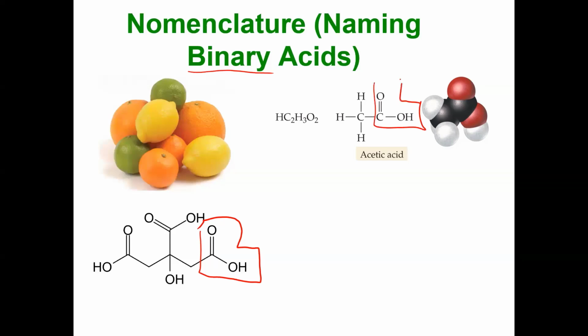This group, where you have a carbon double bonded to an oxygen and then to another oxygen with a hydrogen bound to that, is referred to as a carboxylic acid. You may have heard this. It's on one of the ends of an amino acid, right? When we talk about the citric acid cycle or the Krebs cycle, those are basically carboxylic acids that are 2 to 6 carbons in length.